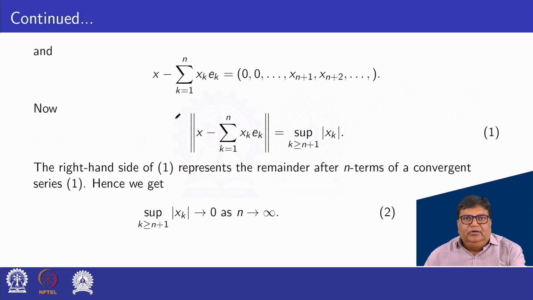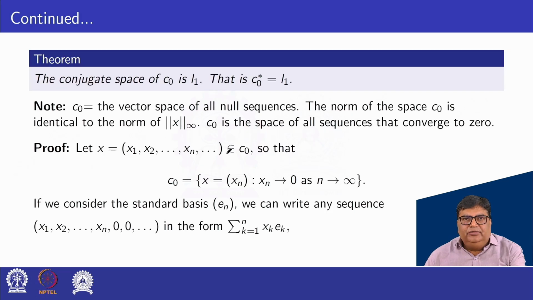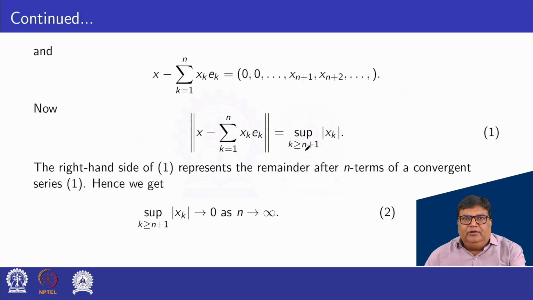The norm of x minus summation k equals 1 to n xk ek. Here this vector belongs to C0, and the norm is defined as the infinity norm, that is, for k greater than or equal to n plus 1, the supremum of mod xk.